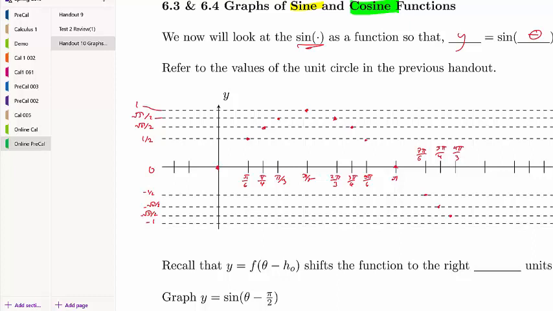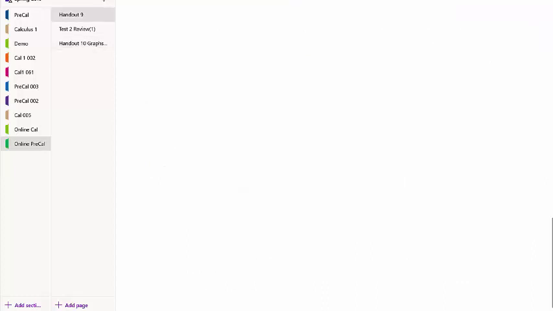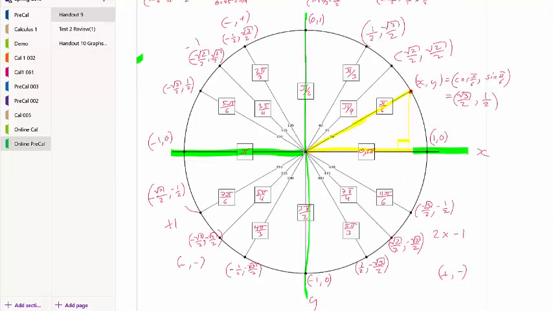And then finally we're at 3 pi over 2. That is the equivalent of 270 degrees, 3/4 of a rotation, and that puts us down here at negative 1. You can see when you're going all the way down to here, we're at 3 pi over 2, and we're pointing straight down.